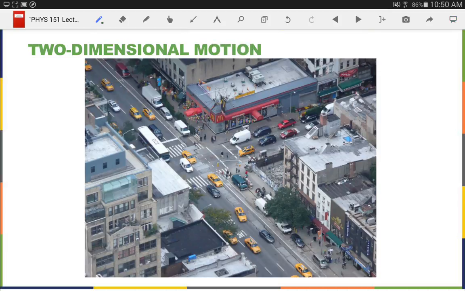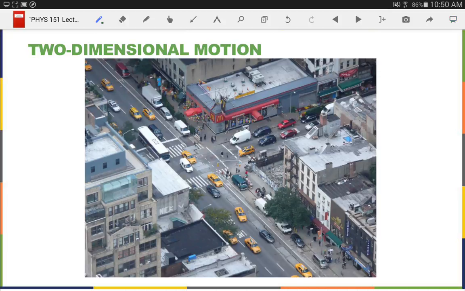2-dimensional motion is when you're working with only 2 of our 3 spatial dimensions. So if you're driving around a flat town or a flat state like Nebraska. Nebraska does have very slight rises and drops, but it's fairly flat. So if you're driving around and it's flat, you can treat your motion as just 2-dimensional because you're not going up and down, you're only going north, south, or east, west, or some combination.